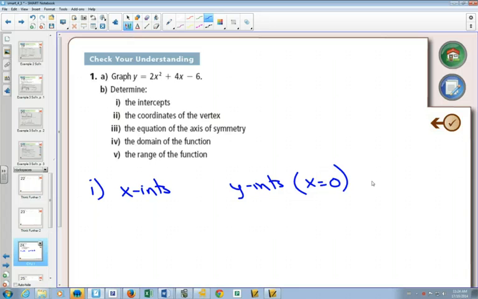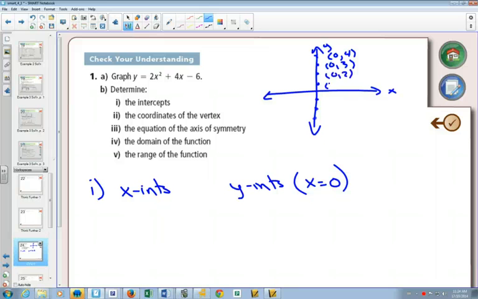Because if you think about a graph, here's my y-axis, here's my x-axis. Does it make sense that every single point on here will always have an x-coordinate of 0? So if we want to find a y-intercept, we make x equal to 0.